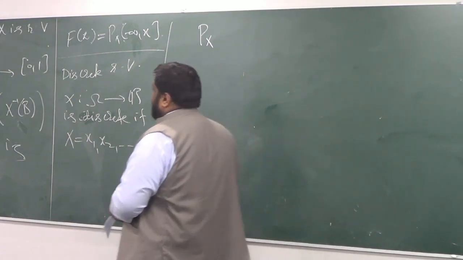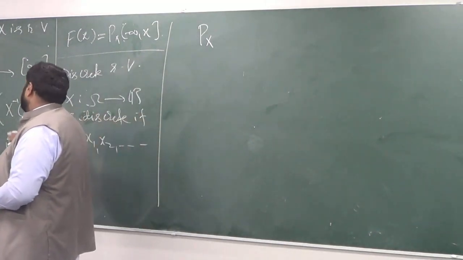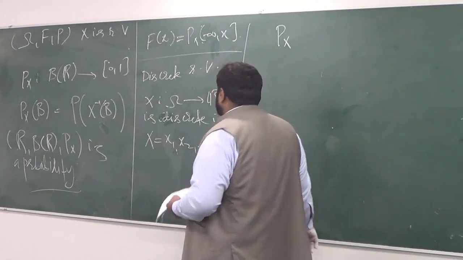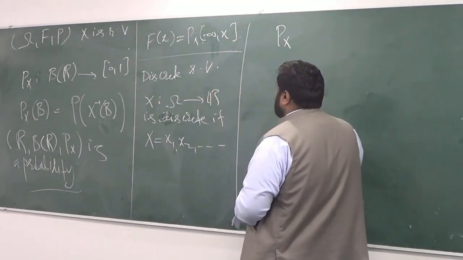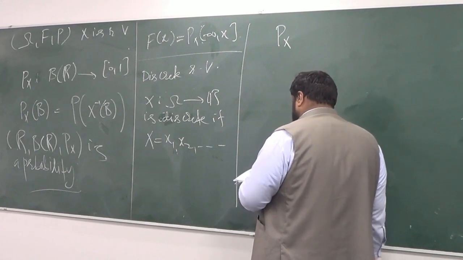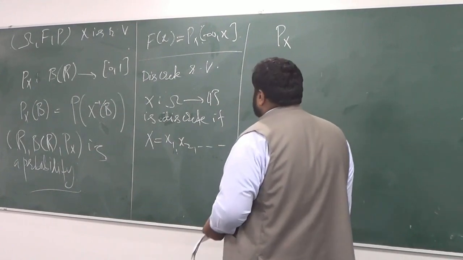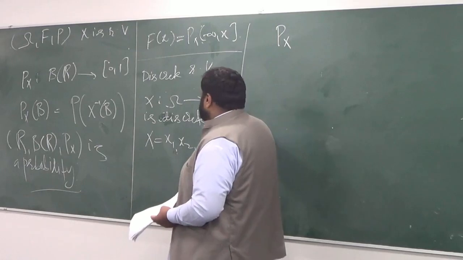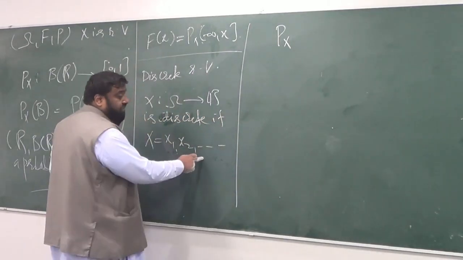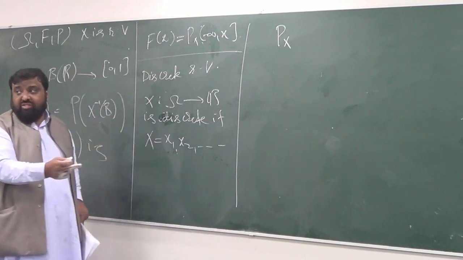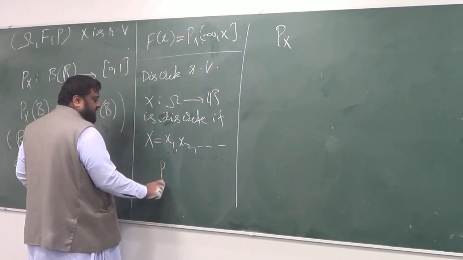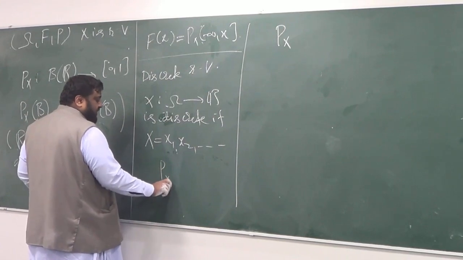So I can define px in terms of the probability of x inverse of these discrete values. If I have a random variable that is discrete, then to each value of x I have to assign some chance.